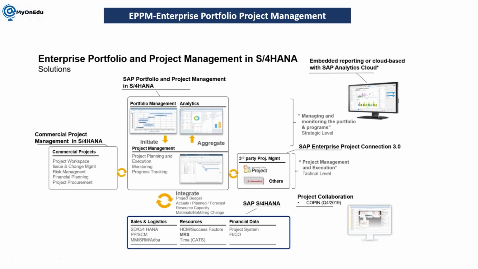So EPPM is basically Enterprise Portfolio and Project Management. In S4HANA, this concept came after the 1509 S4HANA version. Before that, we used to have these modules separately, like PPM, CPM, PS, innovation management, EPC. These modules were different, and their work was also different.